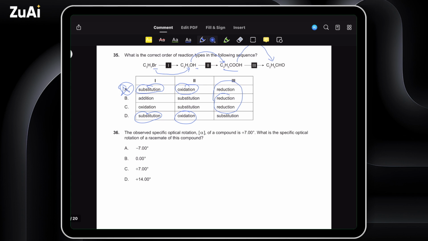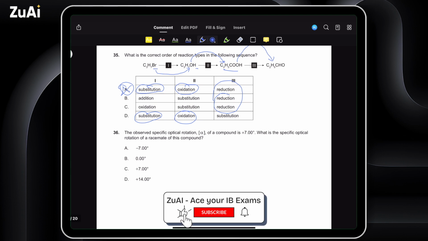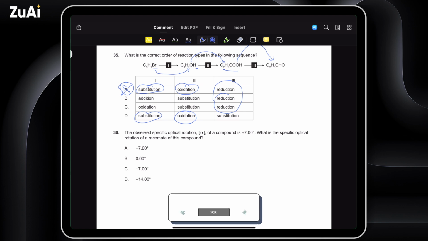The observed specific optical rotation of a compound is 7. What is the specific optical rotation of a racemate of this compound? A racemate basically does not have specific rotation, and when the optical activities are equal, it is a racemate.